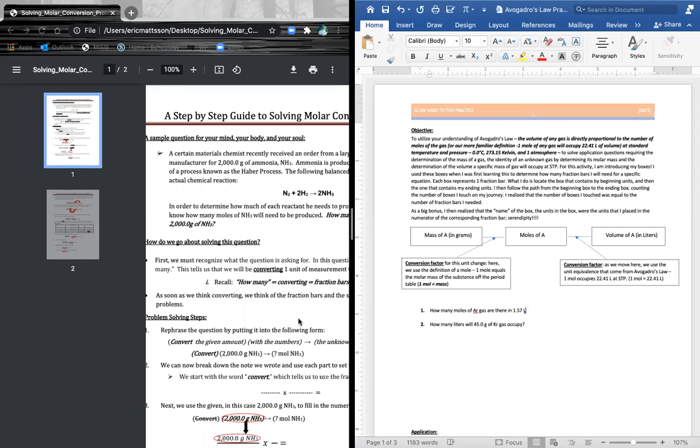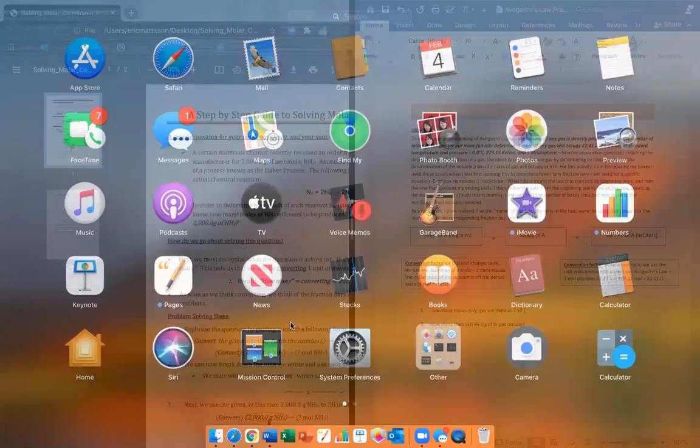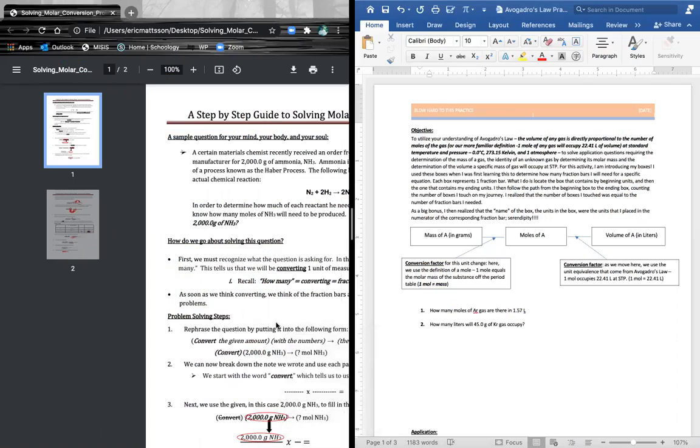Okay, so that means I'm going to go over to these steps here. And let's see if I can shrink this a bit.